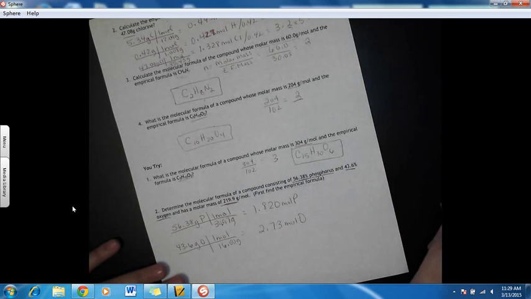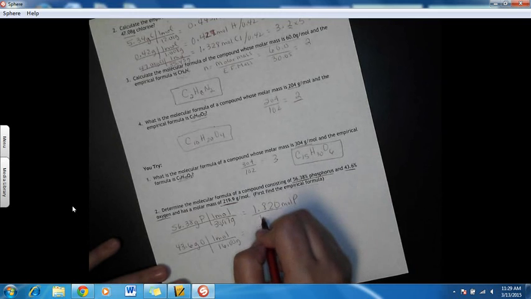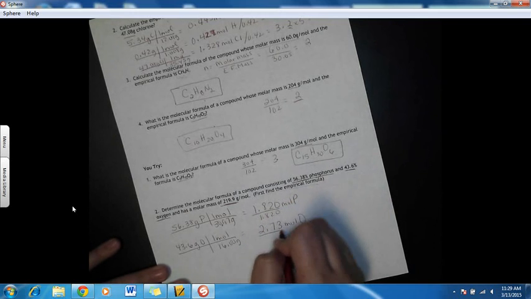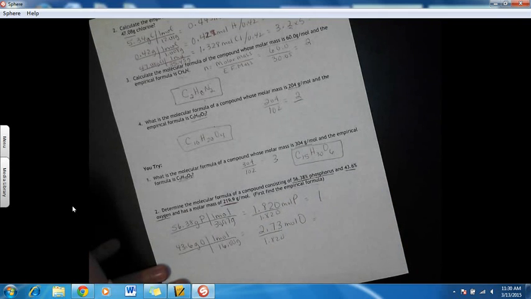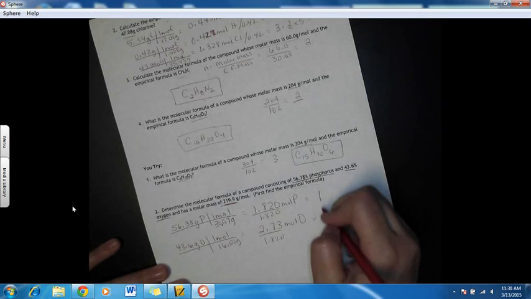Then our poem, mass to mole divided by small. So now we divide by the smallest number of moles, which is 1.82. So this is a 1, and then 2.73 divided by 1.82, we get 1.5.